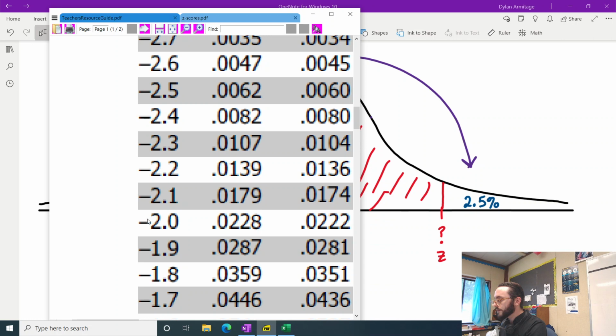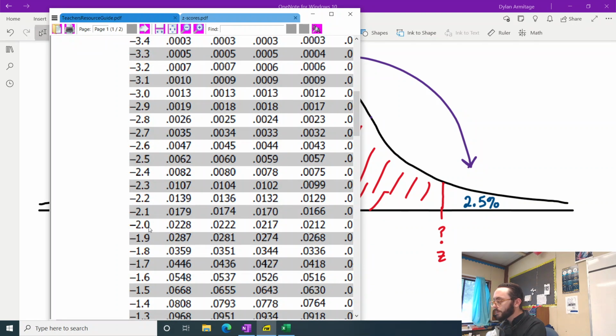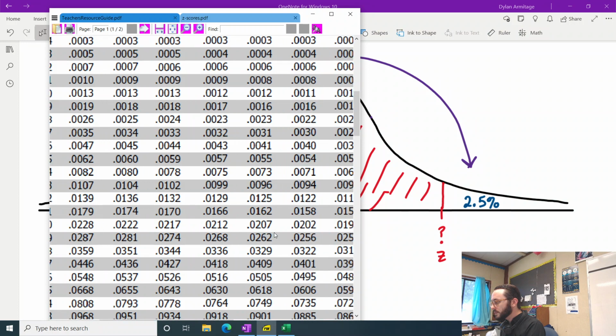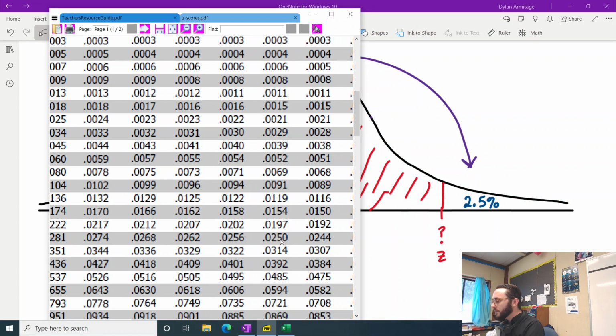0.025. Here I'm in the negative 2s, negative 1.9s. I know it's going to be about there because I expect it about negative 2. So let's try to find the closest one to 0.025. As we look, oh look, we found one exactly, 0.0250.